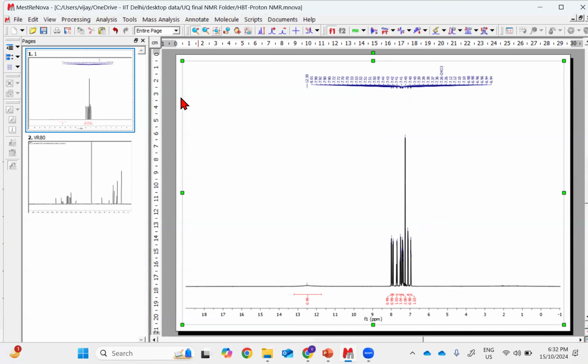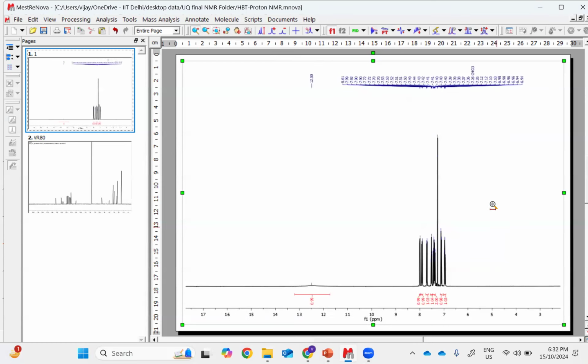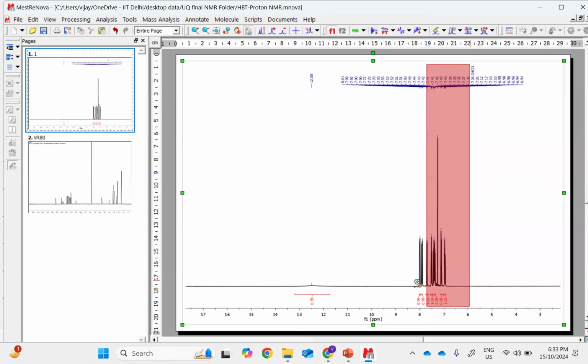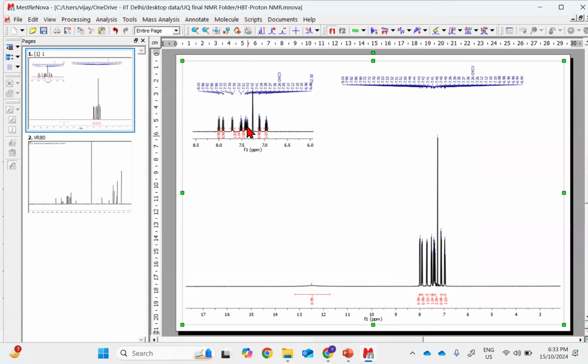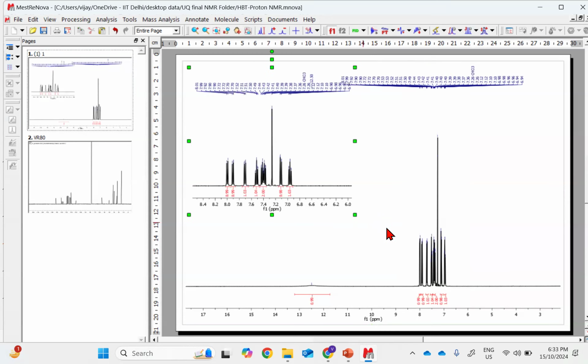Not able to select this region. Right, so I am able to, yeah. So you can see, I can zoom this much region and put this region somewhere. You can see I have kept this region here.